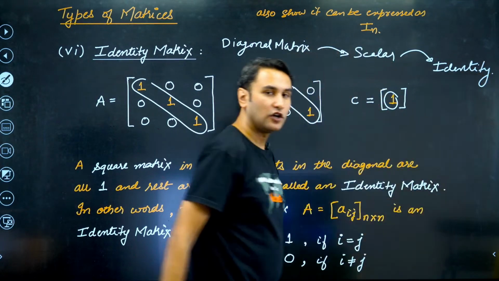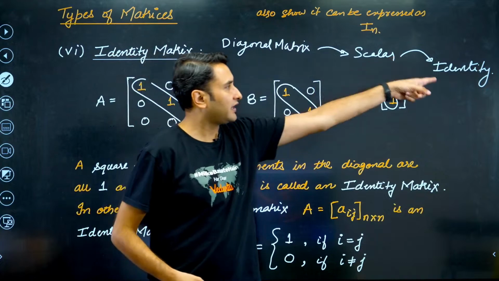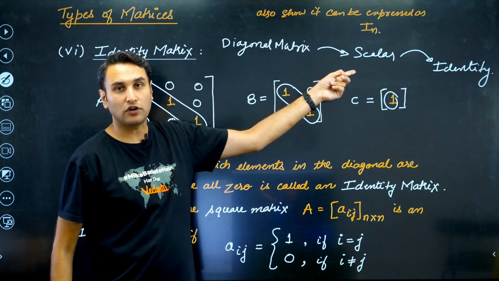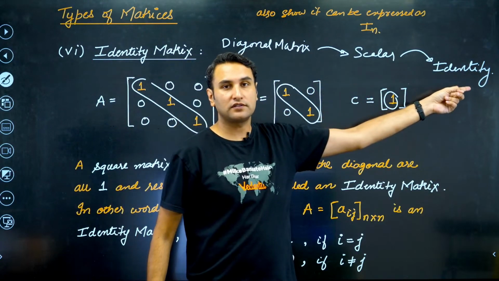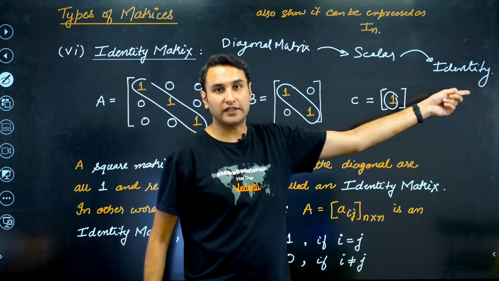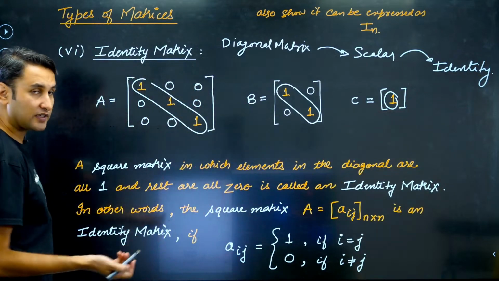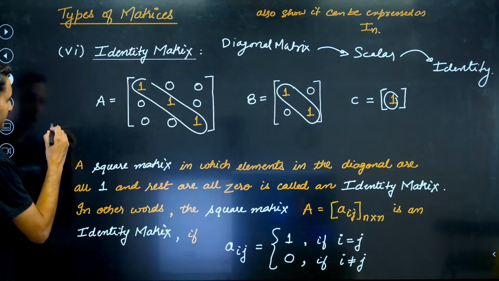Very simple. So scalar and identity are actually diagonal matrices. Simple as that.